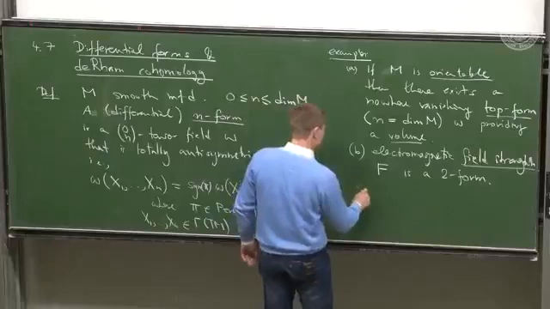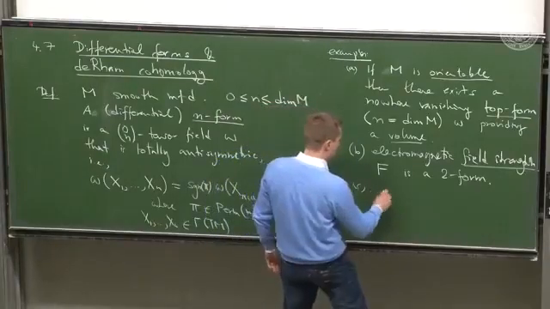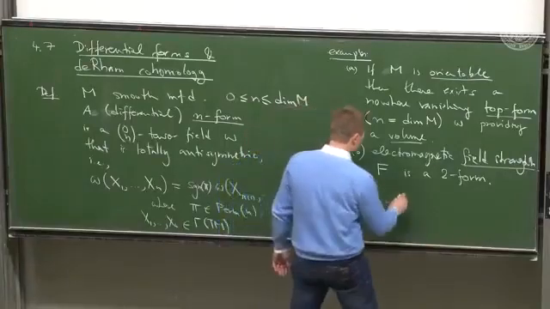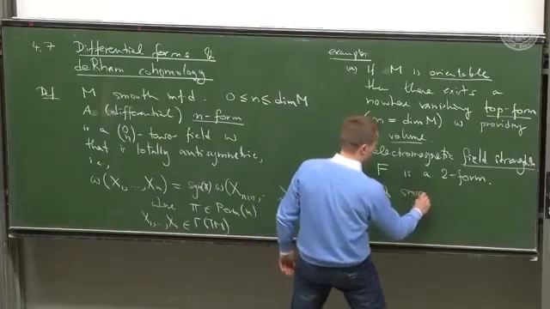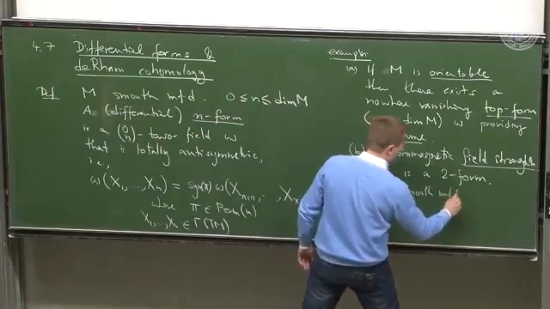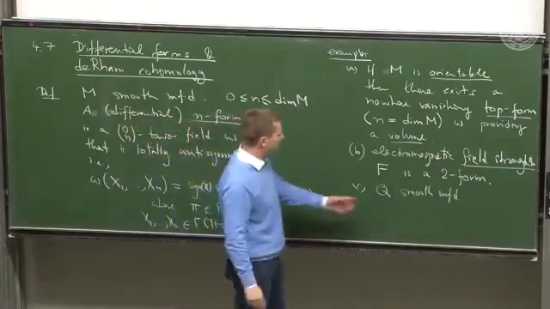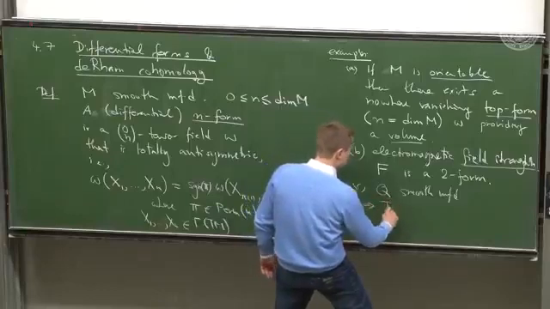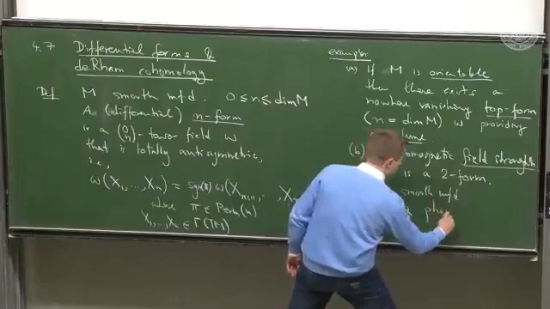And finally, C, in classical mechanics, on classical mechanical phase space, let's be more concrete. So if Q is a smooth manifold that in classical mechanics describes your configurations of the system, then the phase space is T*Q.